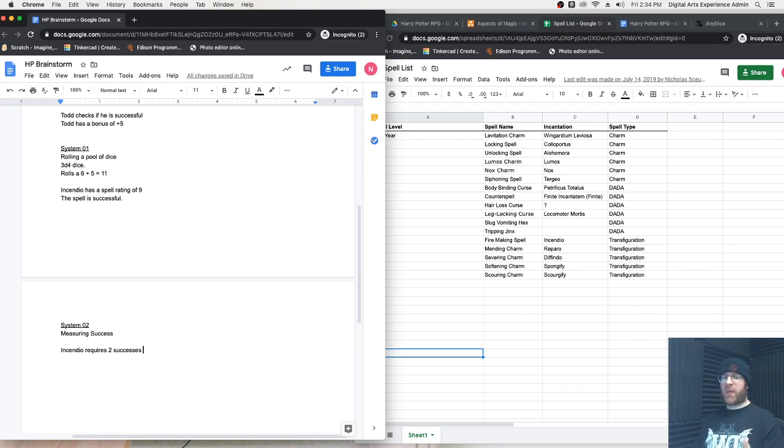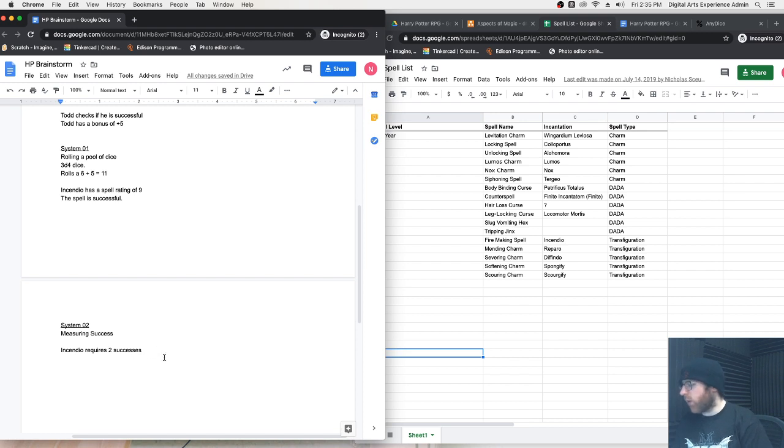Because the other thing that makes sense is there are some spells that a first year should not be able to cast, just because it is beyond their skill of knowledge. So say Incendio just requires 2 successes, but the body binding curse, which is crazy stuff, requires like 8 successes or something really high. And we can figure out what that scale is.